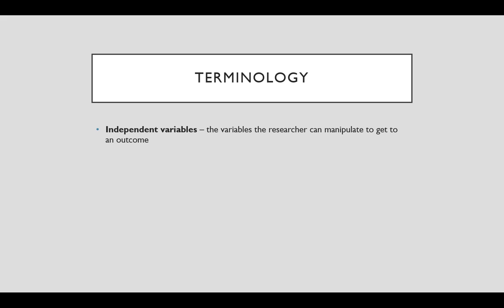The first is the independent variable, which is the variable the researcher can manipulate to reach the outcome. In a sense it's like a cause, but we don't use the term cause. It's too casual. The dependent variables are the variables that result from the manipulation of the independent variables, the outcome.